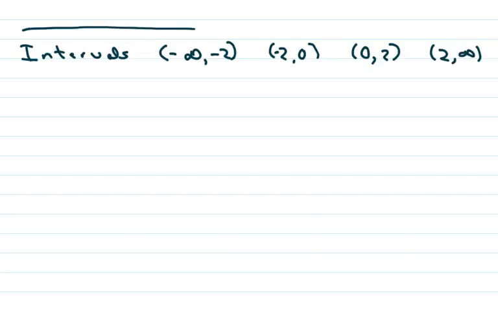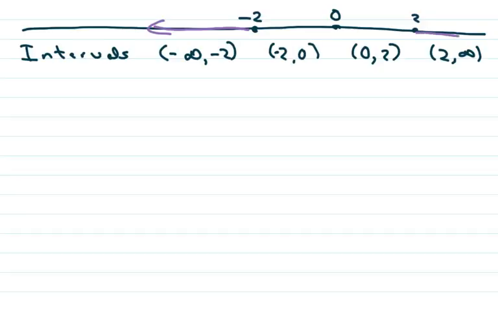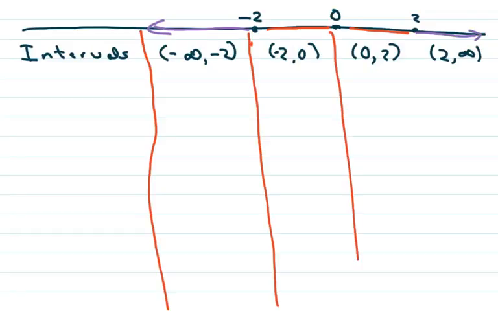I'm picking these intervals because I have a vertical asymptote at negative 2 and 2, and I have an x-intercept at 0. And I want to know how the graph behaves on the left and the right, and then in between what's going on with the x-intercept, if it's above or below the x-axis.